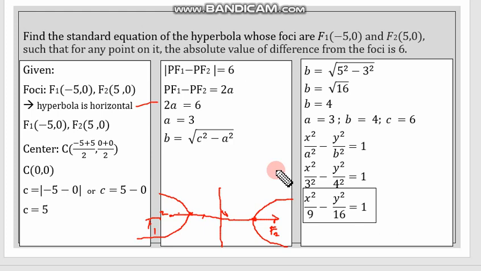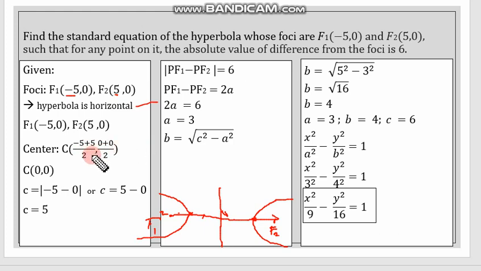Now, if it is horizontal, we can get the value of c, the distance from the center to the focus. Let's get the center first. The center lies at the midpoint of our foci. So we add the x-coordinates and divide by 2, and also the y-coordinates.